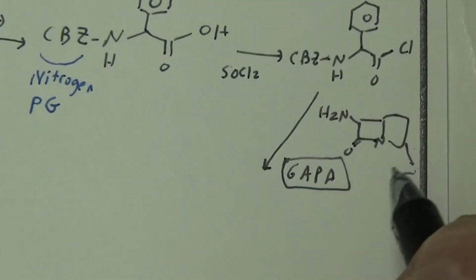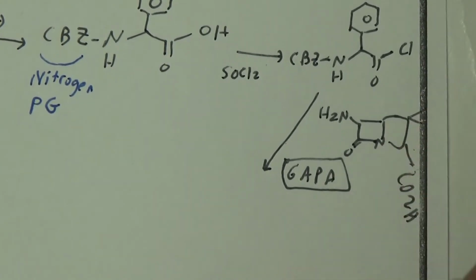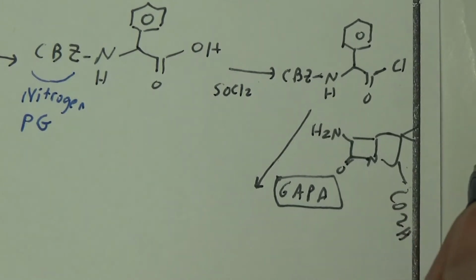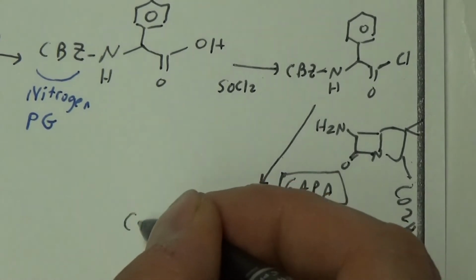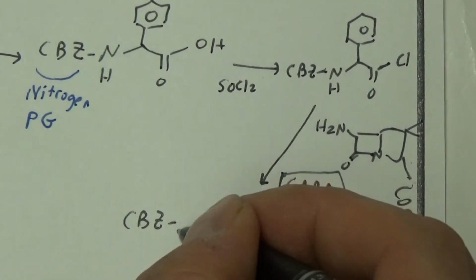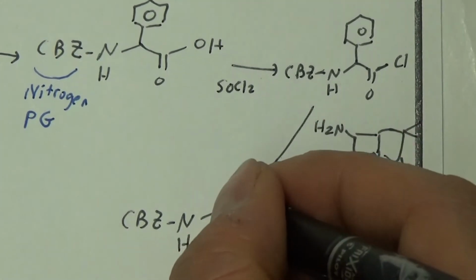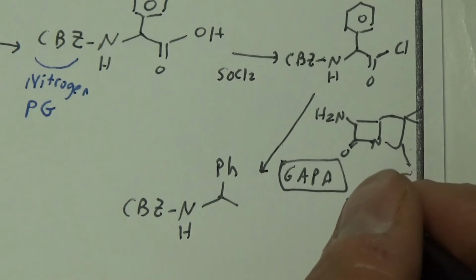Okay, so it's got the beta-lactam, and there's a couple methyls and sulfur and stuff. But essentially now the nitrogen attacks and kicks off the chlorine. And we're not done yet though. You make the CBZ protected nitrogen. Let's abbreviate the phenyl as Ph for the phenylglycine.